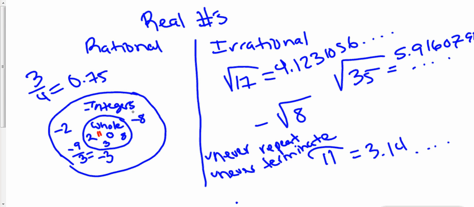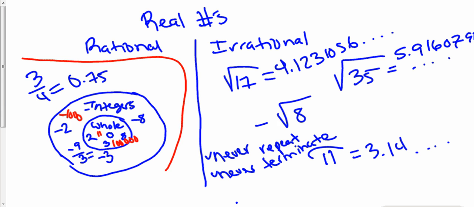As you can see, integers, very simply, fall inside the realm of rational numbers. So no matter what integer I choose, if it's negative 1,000 or positive 100,000, they still fall in the rational category. So absolutely, all numbers that are integers are also rationals.